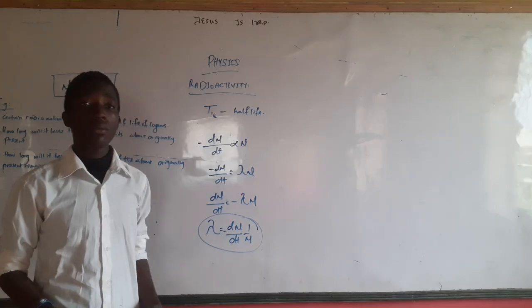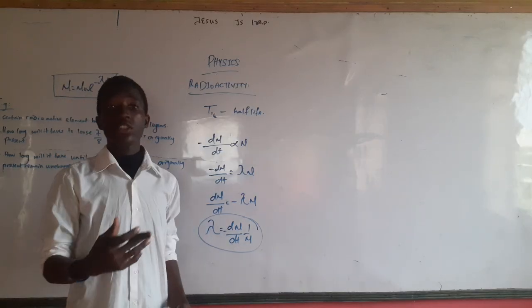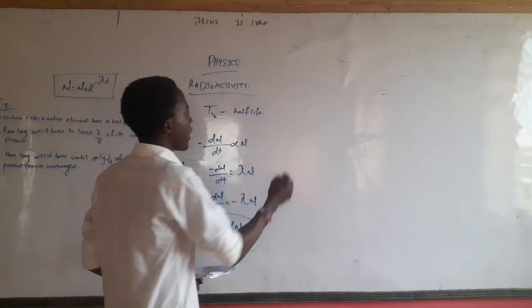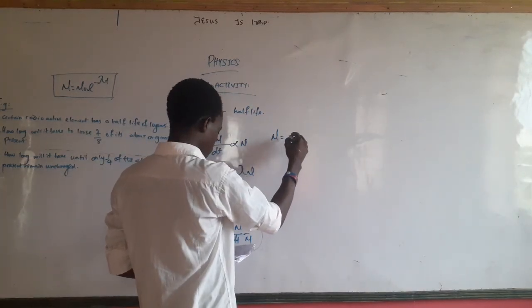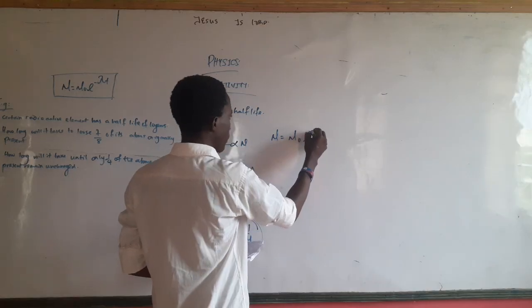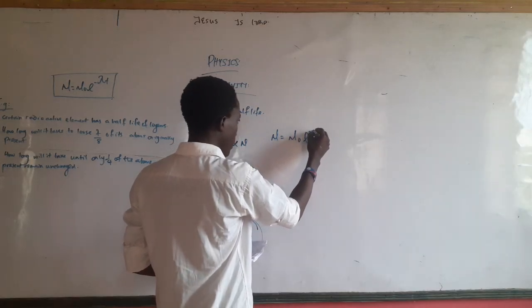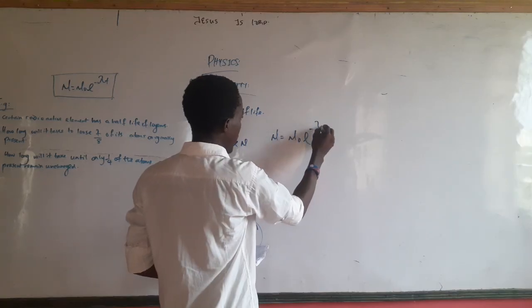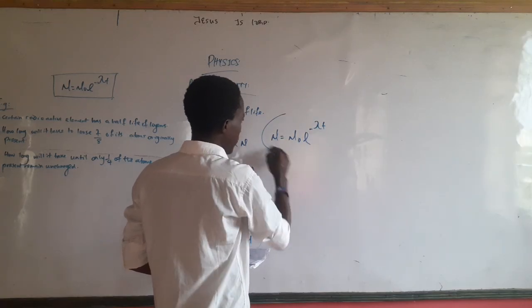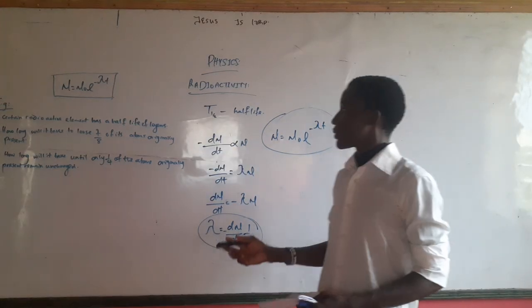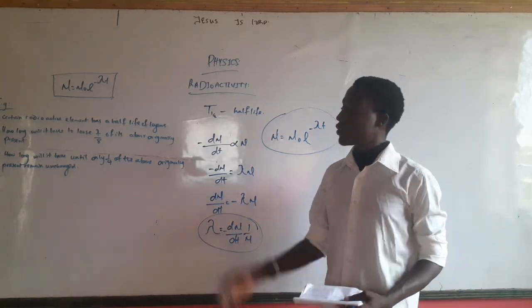So we have a general formula. Whenever you introduce differentiation or integration into this, you have the general formula N = N0 e to the minus lambda t. This is the general formula used whenever you want to solve something on radioactivity or time.